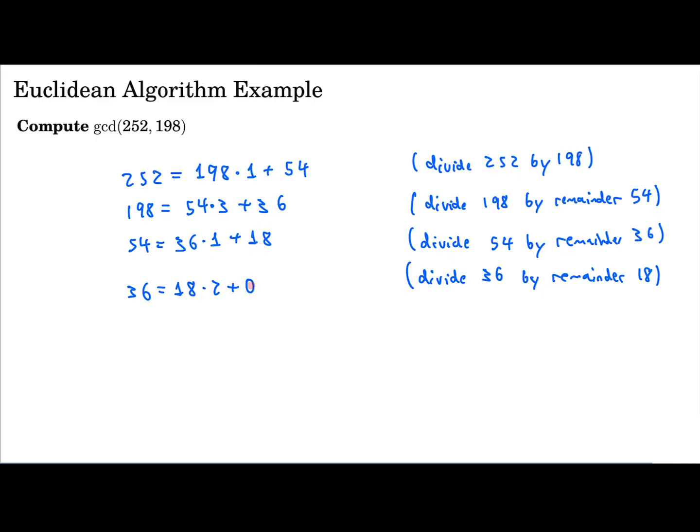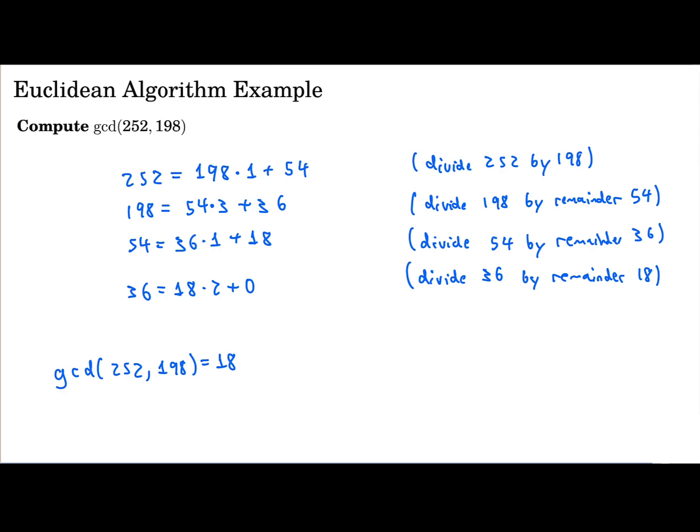So the GCD of 252 and 198 is equal to 18. And this is much quicker. Doing these divisions is much quicker than listing out all the factors of one number and all the factors of the other and trying to find the largest one.